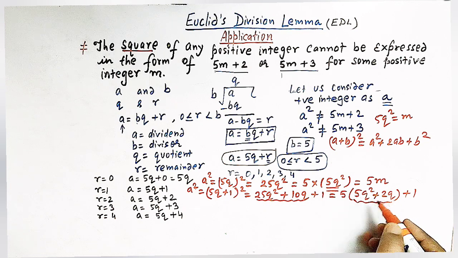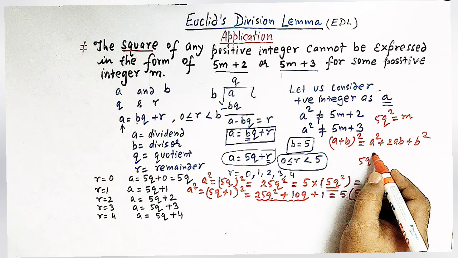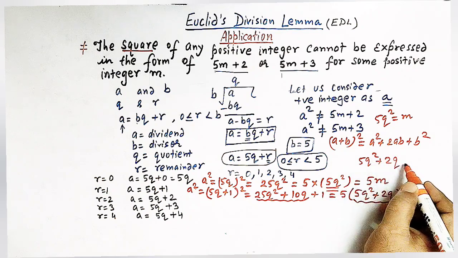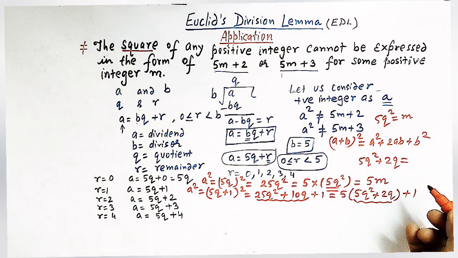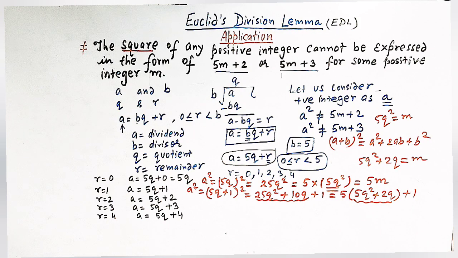So the sum is again a positive integer. So 5q square plus 2q can be replaced by some other integer. Let us take it as m, right? So now we have here 5m plus 1.